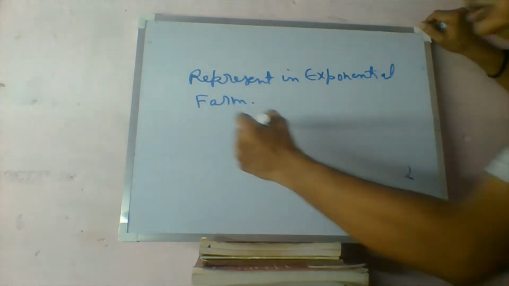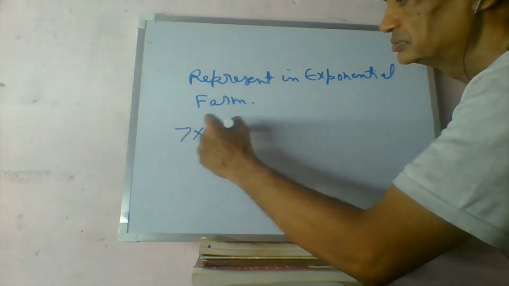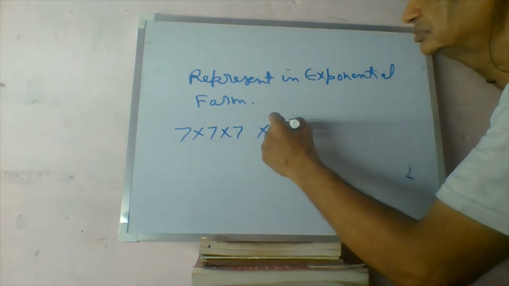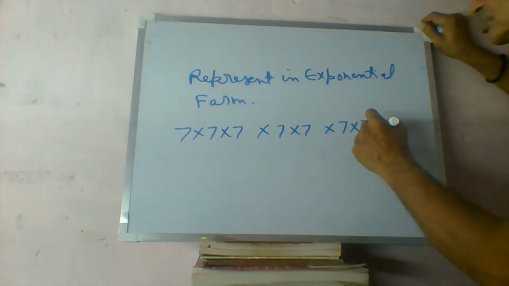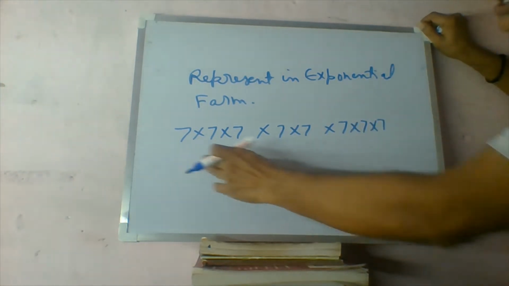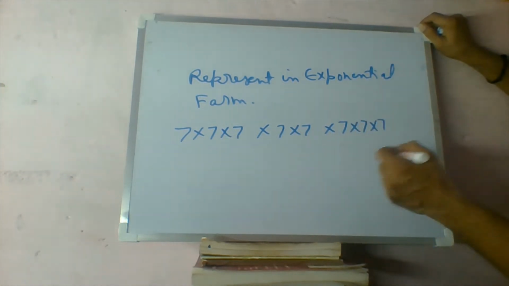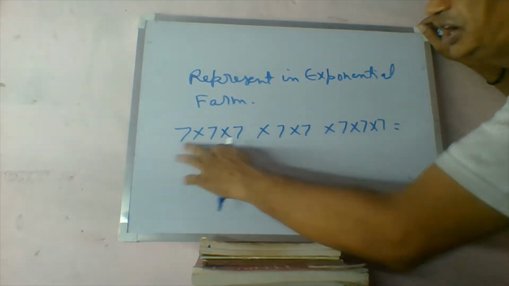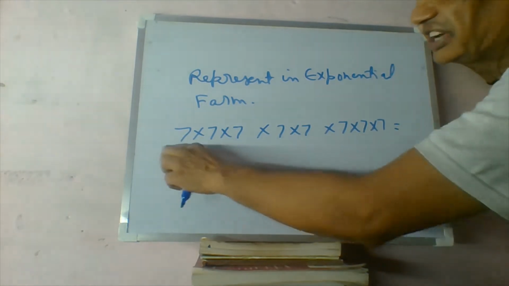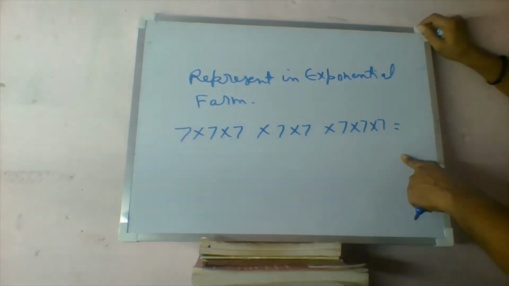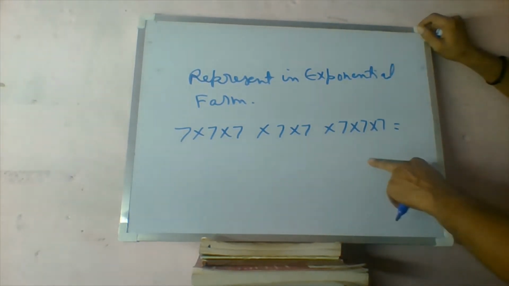So we have to represent this expression in exponential form. Simple. 1, 2, 3, 4, 5, 6, 7, 8. 8 sevens multiplied with themselves.